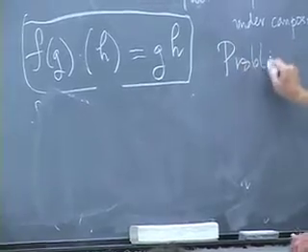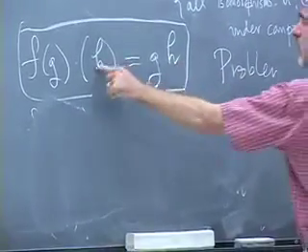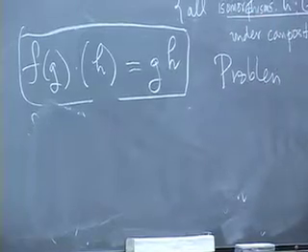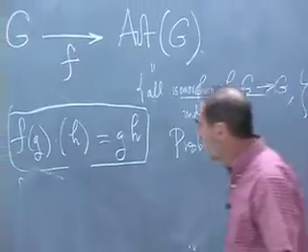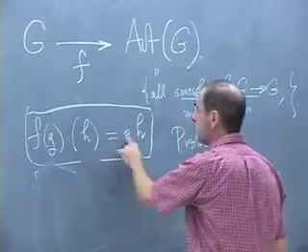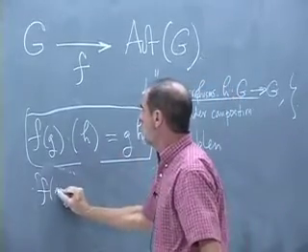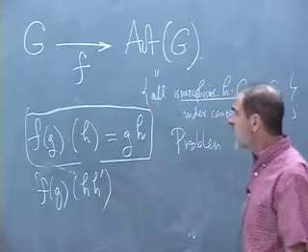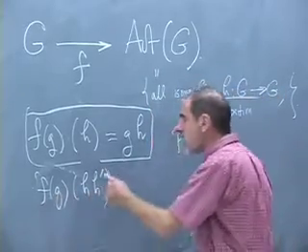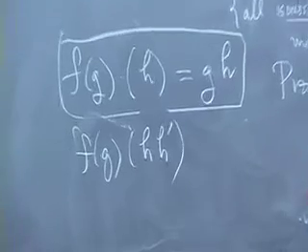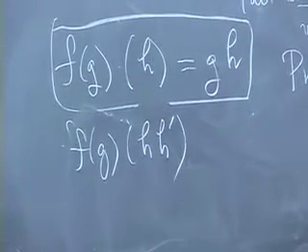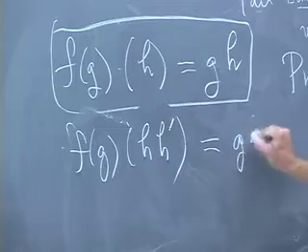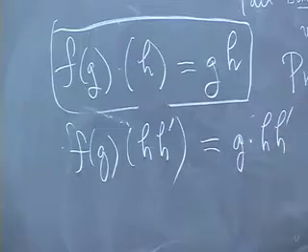Problem. This map that takes h to gh is not an isomorphism of groups. It's an isomorphism of sets. Namely, if I apply f of g to hh prime, there we go, that has to be f of g of h times f of g of h prime. And this is, by definition, g times hh prime.